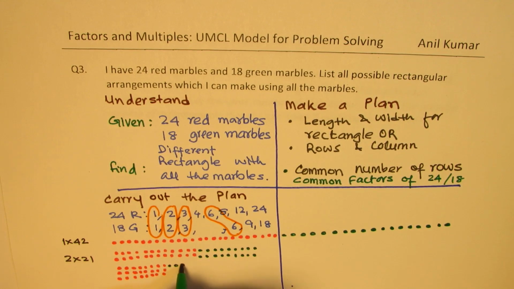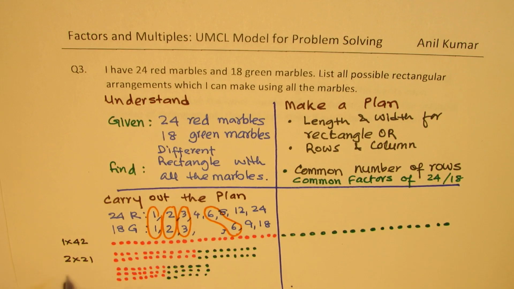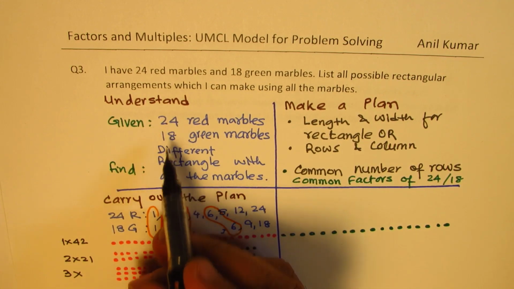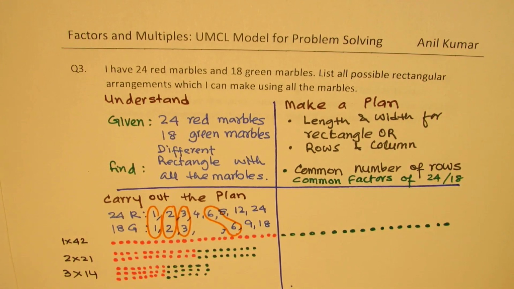So 6 in each of the 3 rows. So in all, we have now 3 rows and 1/3 of each. 8 and 6, 14. Do you see that? We get those many marbles. So in all, there are still 42 when you multiply.